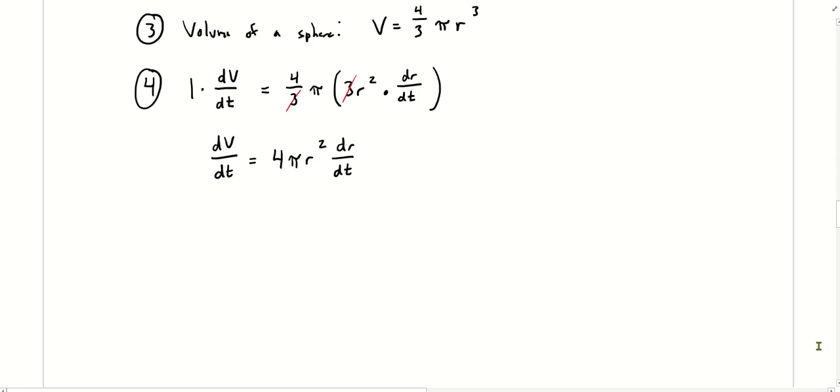So not as bad as some of those implicit differentiation equations that we saw back when we were first learning it. It's just every time we differentiate some variable that's not t, we multiply the derivative by that d-something-dt notation, indicating that it is implicitly differentiated.